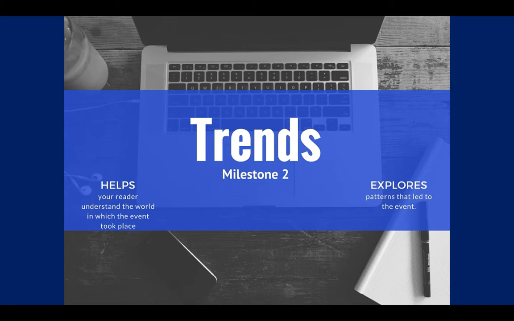What does that mean? Well, the easiest way to think about trends is to think about when you're creating the trends section, you are setting the scene for what you're going to talk about. Think about, and this is, like I said, the easiest way that a lot of people have found to understand it, a television show that you really enjoy watching. Typically, there's something called a pilot episode, that first episode that helps set the scene for a show.